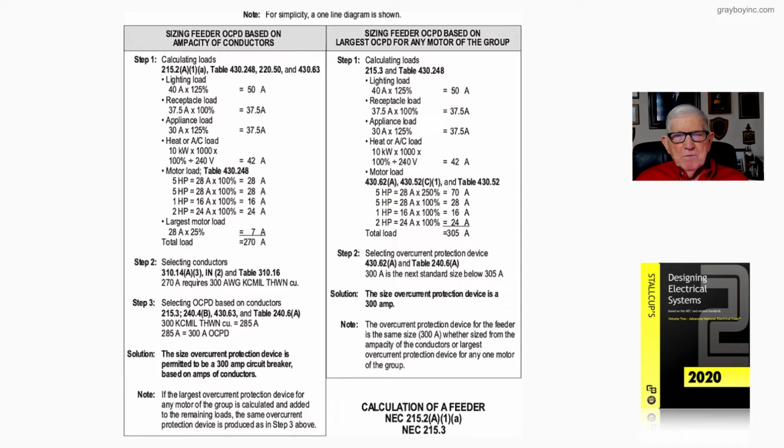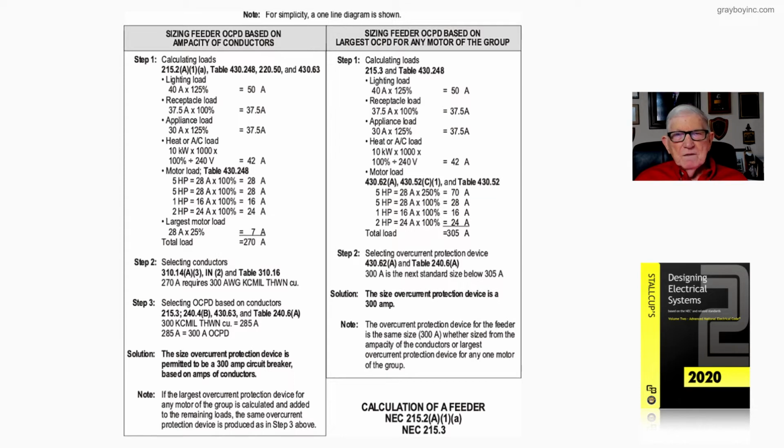Now, step 2, 310.14(A)(3), informational note 2, and table 310.16, we've done our math accordingly. We select a 300 kcmil in the 75-degree column that will take care of 270 amps.